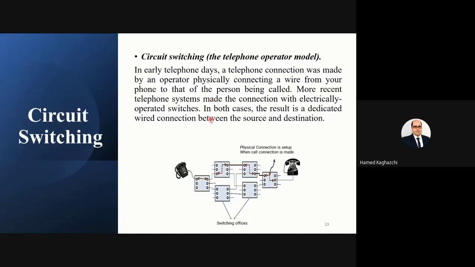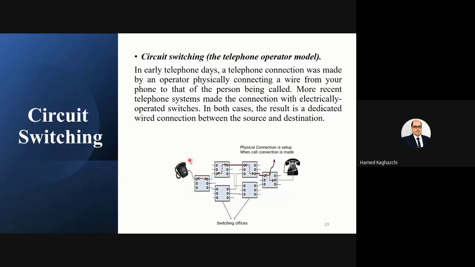The second one is circuit switching. Actually, in the early telephone days, a telephone connection was made by an operator who physically connected a wire from your phone to the other person being called.